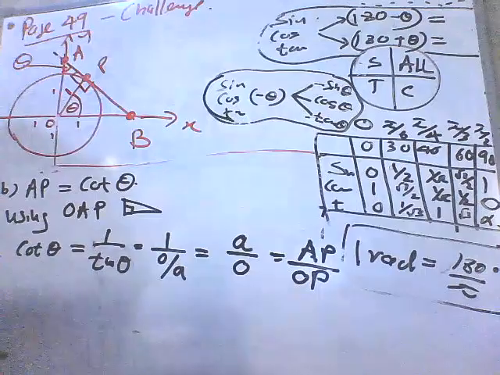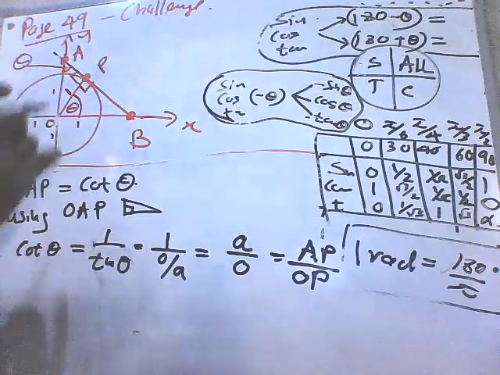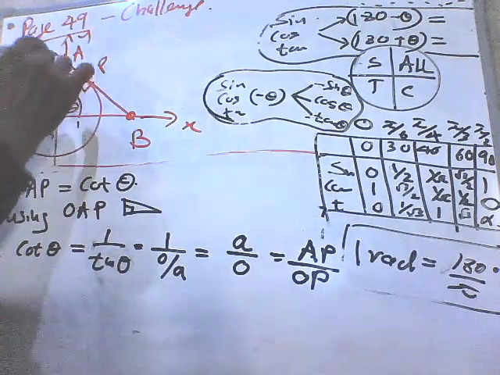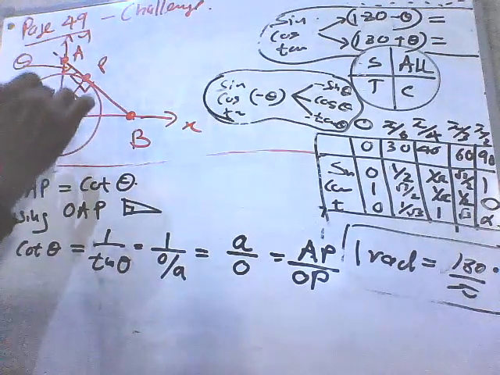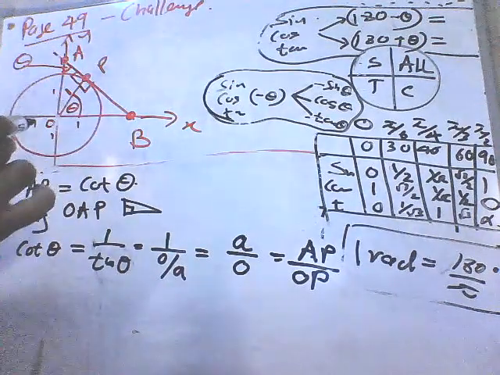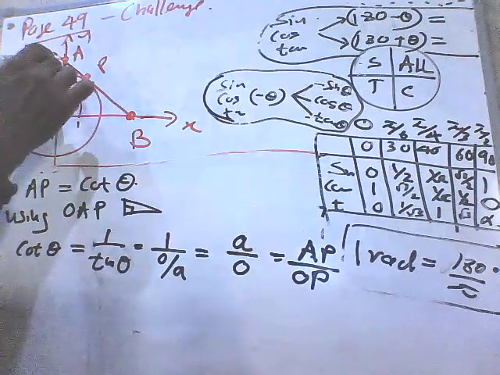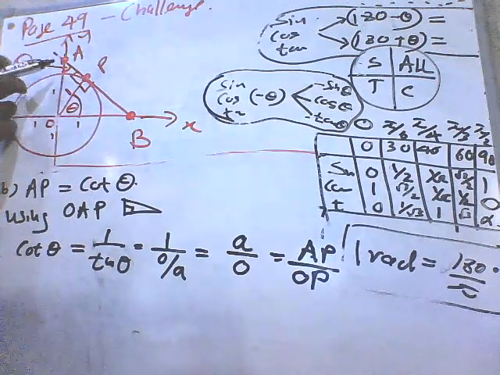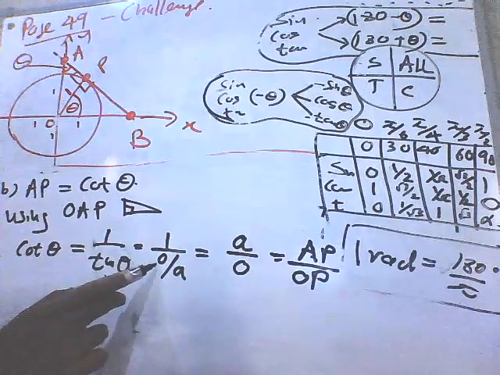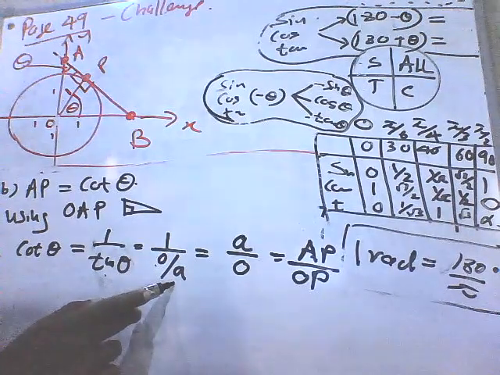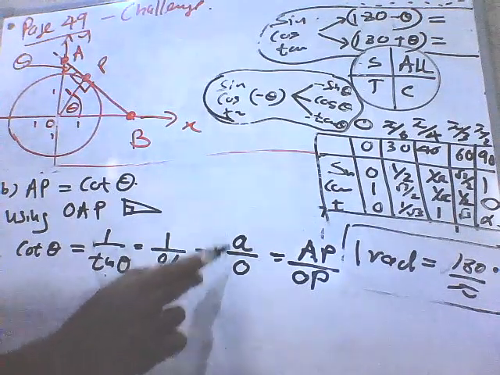So what I did was I took this right angle triangle, OAP right angle triangle. From that I wrote cot theta. So here we know it's theta. Cot theta is 1 over tan theta. Tan theta is opposite to adjacent, and 1 over this is adjacent over opposite.